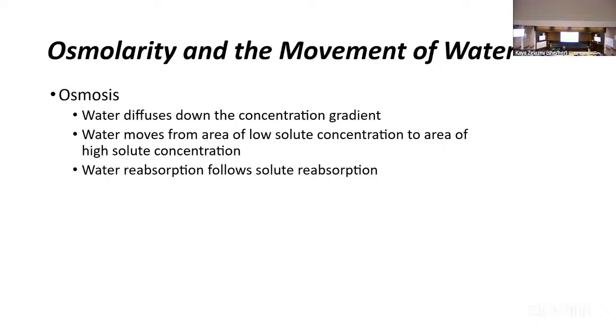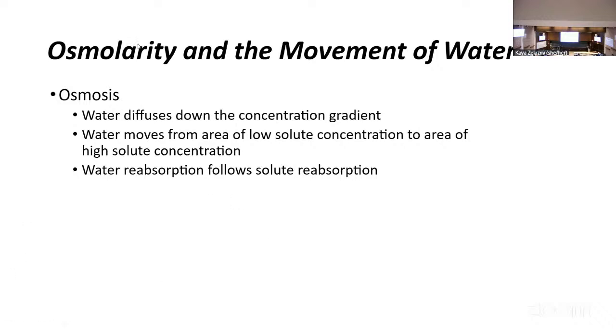They're opposites. So water is essentially being pulled towards solutes. When you have lots of, say, ions, lots of impermeable solutes, but we're often going to see sodium as one of them, we're going to see water moving towards high concentrations of solutes. So in this way, our water reabsorption follows our solute reabsorption.